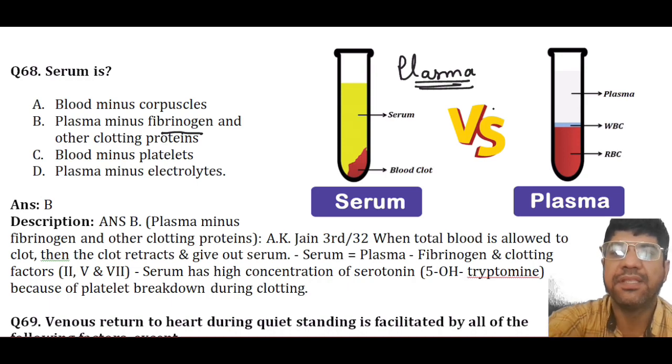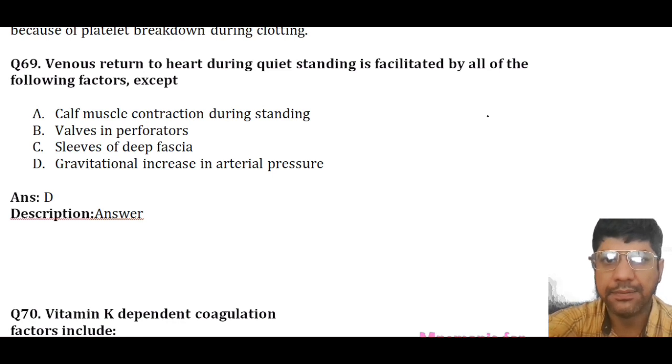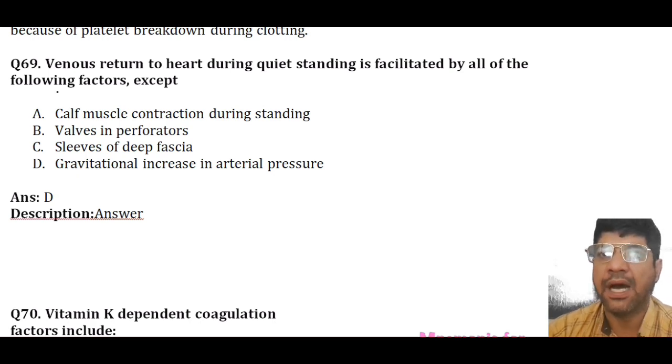The venous return to the heart during quiet standing is facilitated by all of the following factors, except. The answer would be D. The gravitational increase in arterial pressure does not enhance or improve the venous return during quiet standing.